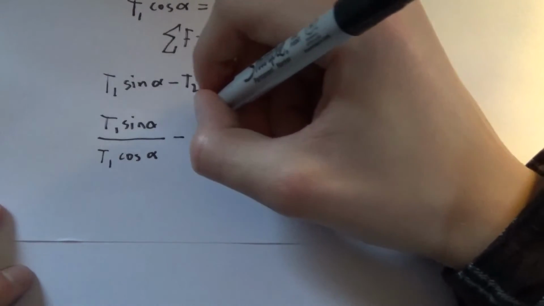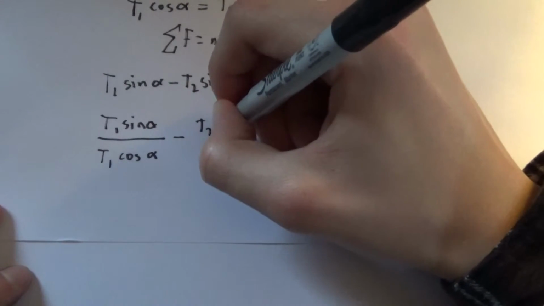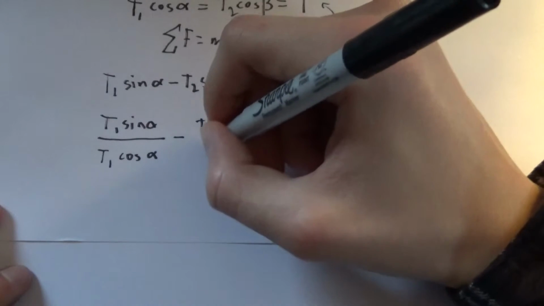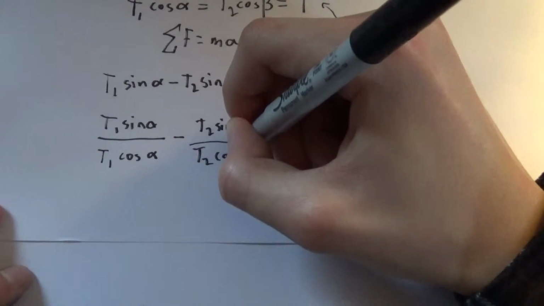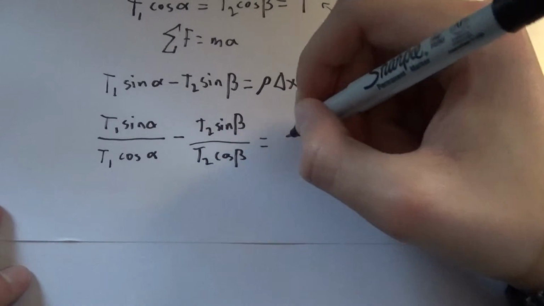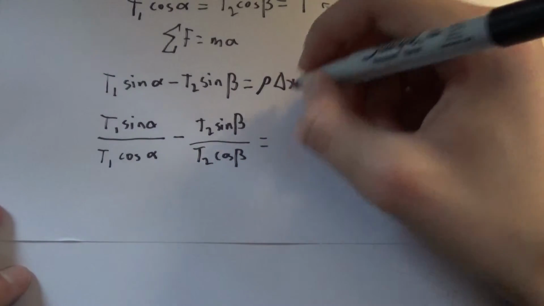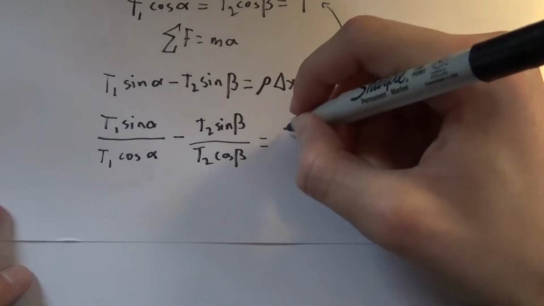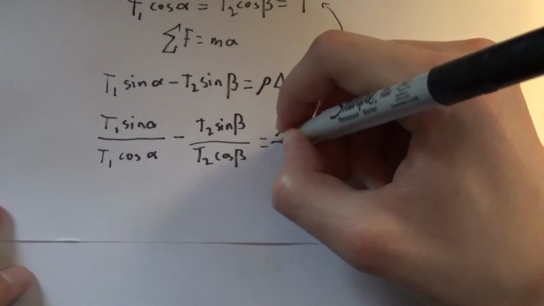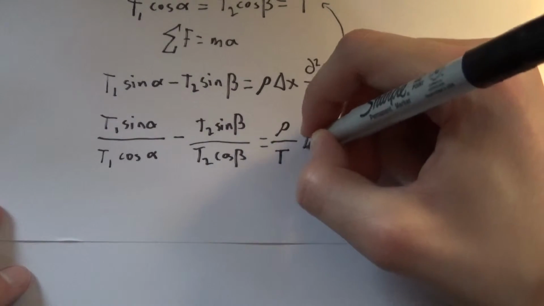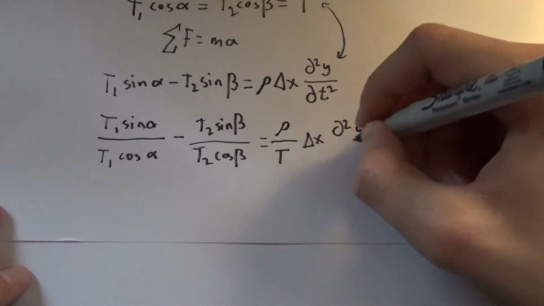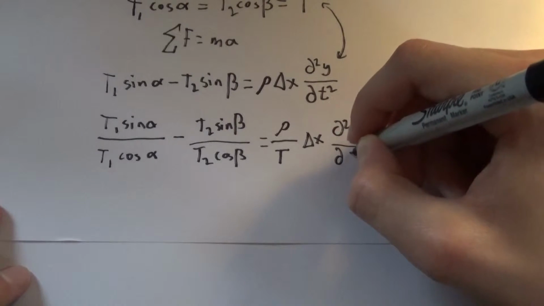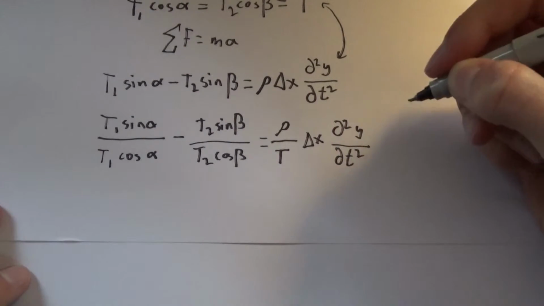Then we're going to subtract the next term, which is T2 sine beta, and as you might have guessed, T2 cosine beta. And this is going to equal, we're going to divide the next part by T. So this is going to be equal to rho over T delta x second derivative of y with respect to t.